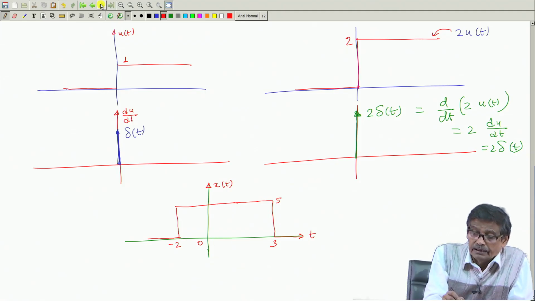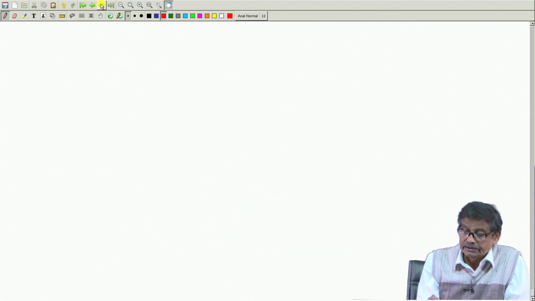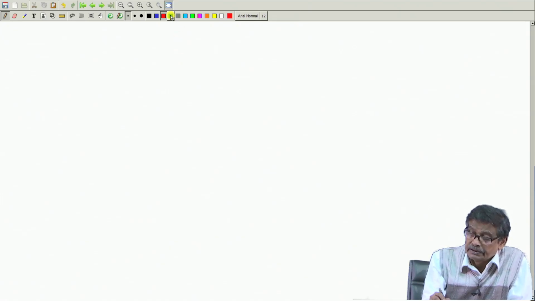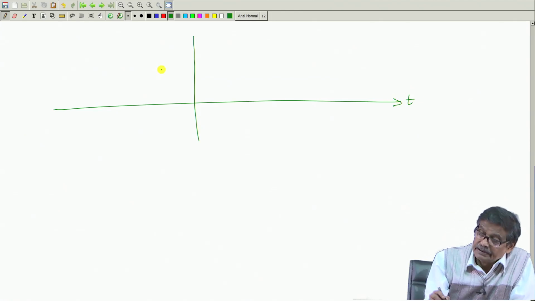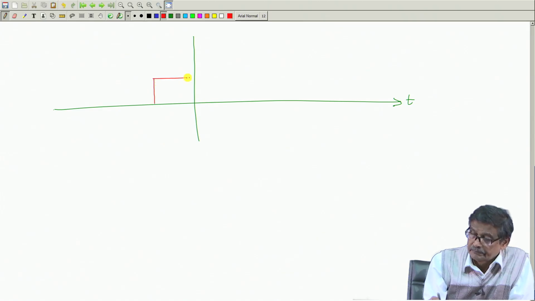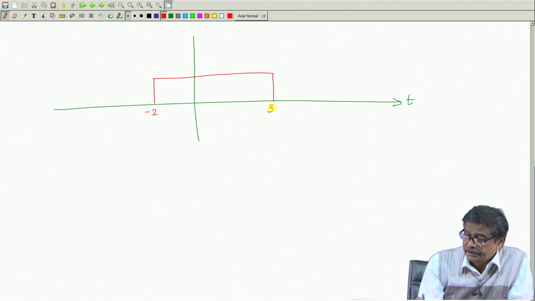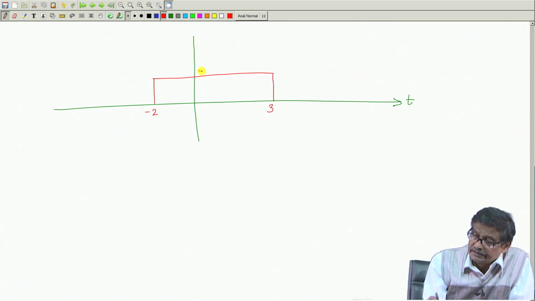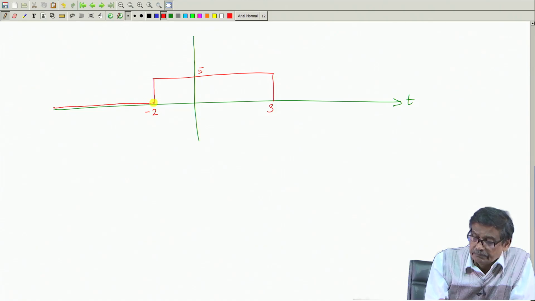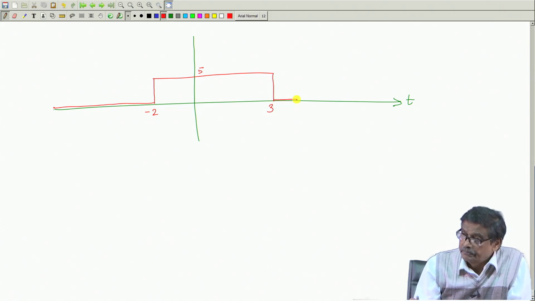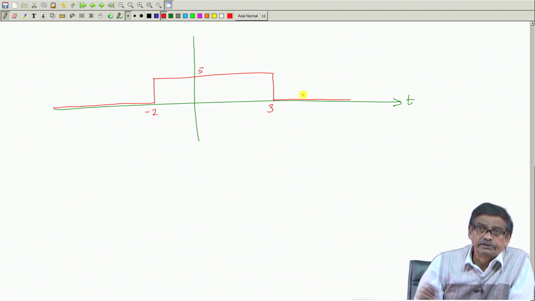So, I will better draw it once again here. This is my time axis, here is a pulse, this is suppose minus 2, this is suppose plus 3 in time, and this strength is 5, and for t less than minus 2 it is 0, and for t greater than plus 3 it is 0.